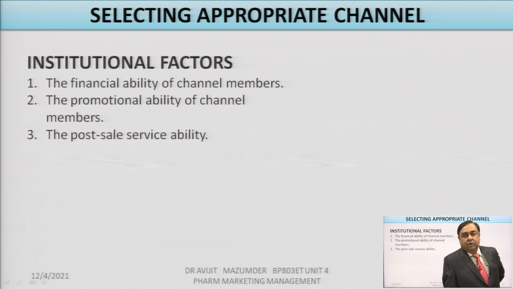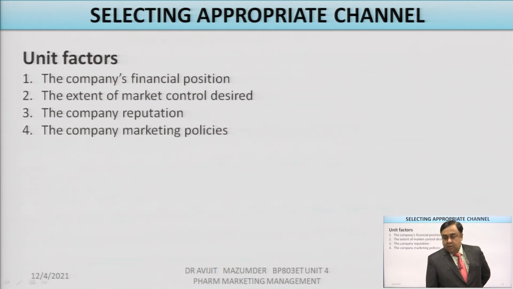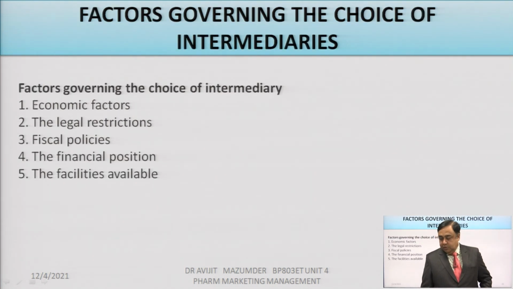The first is finance, the financial strength and ability of the channel members, the promotional ability of the channel members, and above all, after-sale service. These are considered under institutional factors. Unit factors are the company's financial position, the extent of market control desired, the reputation of the company, and the marketing policies of the company. These are all considered under unit factors.